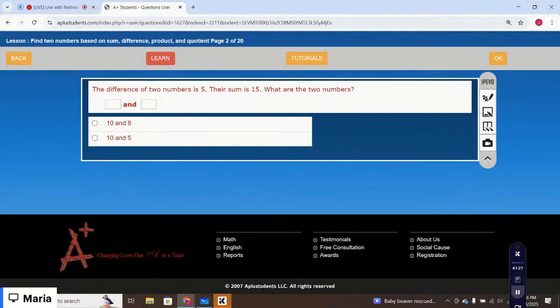The difference of two numbers is 5. Their sum is 15. What are the two numbers?